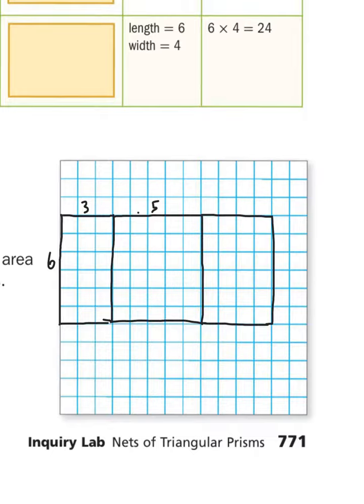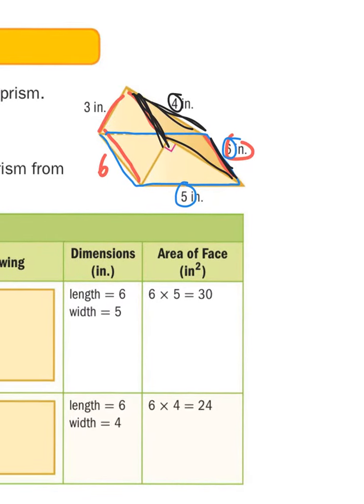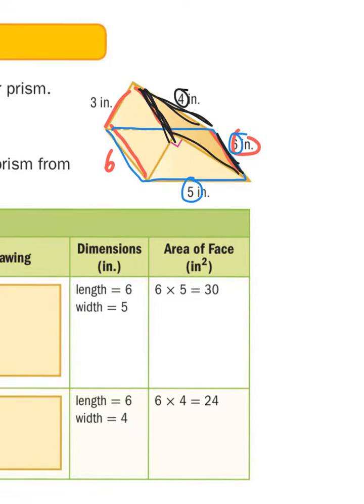If I go up to my triangles, let me switch to another color so you can see a little bit better. Okay, alright. When I look at my triangle bases, I have this side and this side. It really doesn't matter which I choose for what, but I like to usually use one of the ones with a right angle here.